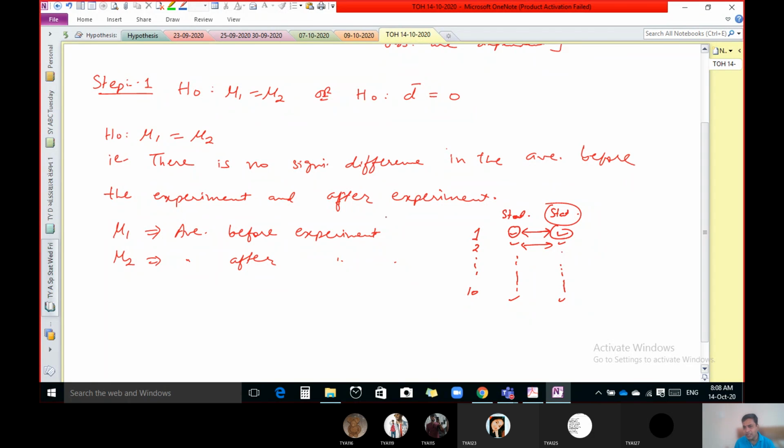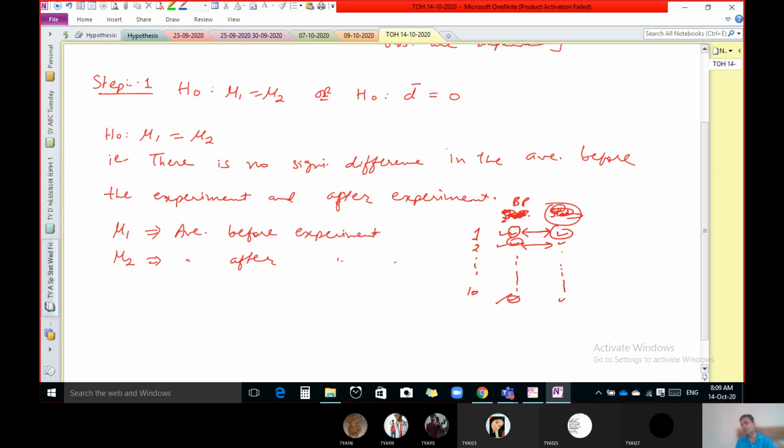Let us take the same example in a different way. Suppose there are 10 patients, 10 persons, all suffering from high blood pressure. Find out the blood pressure of all these 10. Now give the treatment to reduce the blood pressure.